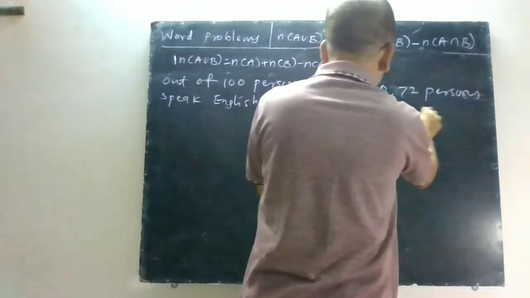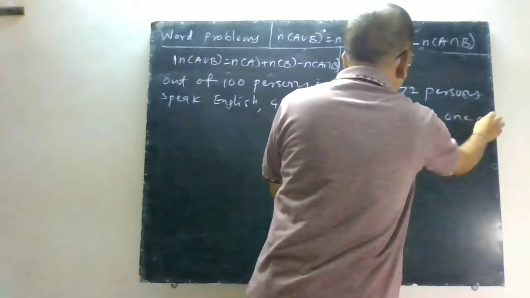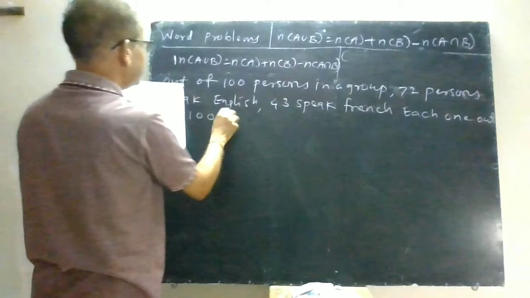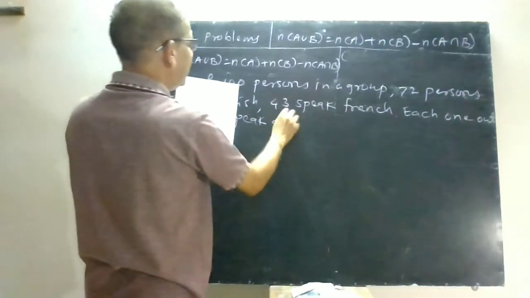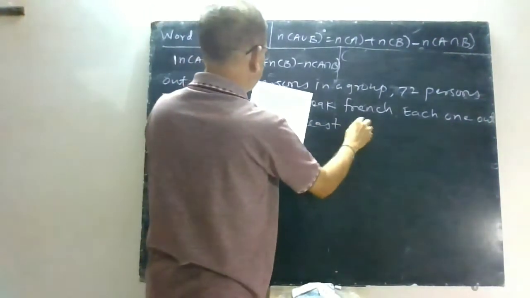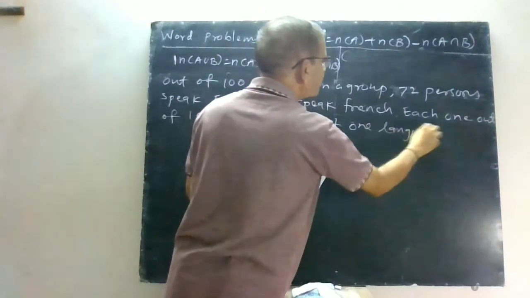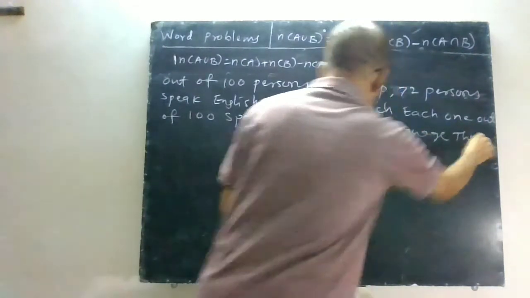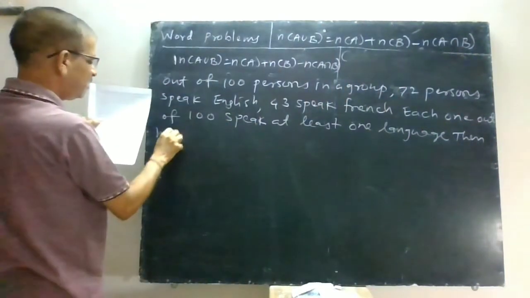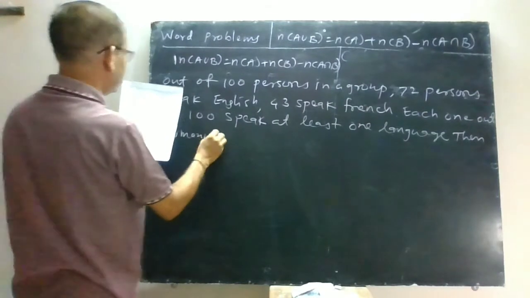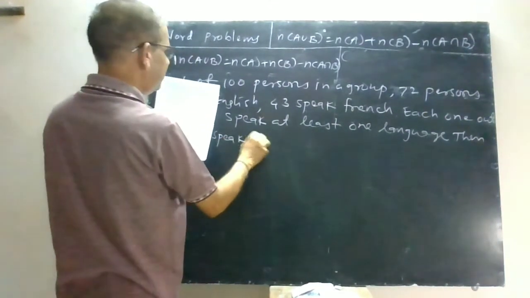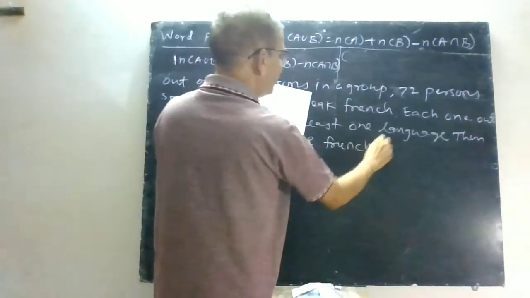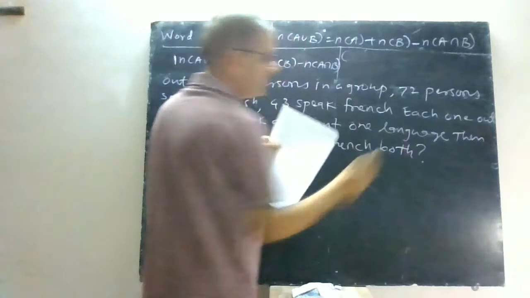Each one out of 100 speak at least one language. Then how many speak English and French both? That is the question.